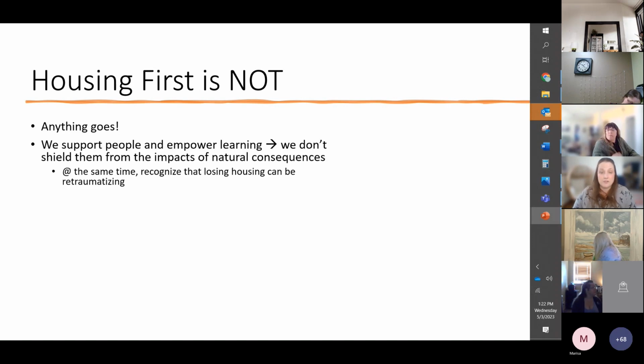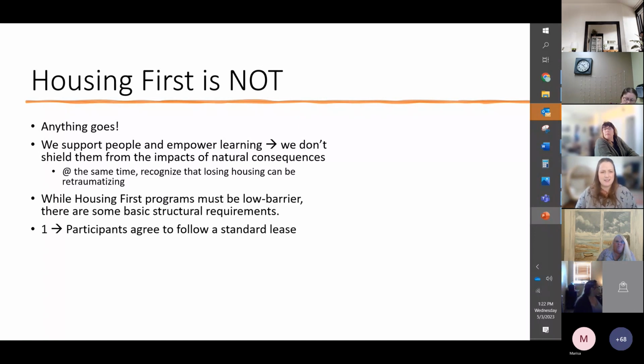They're like, we're trying to be Housing First, but people's behavior is out of control. Someone was making meth in their apartment and all these things. And it's like, oh, that's not okay. And it wouldn't be a Housing First approach to say that's okay.